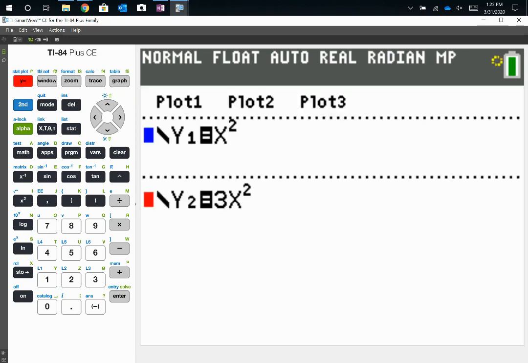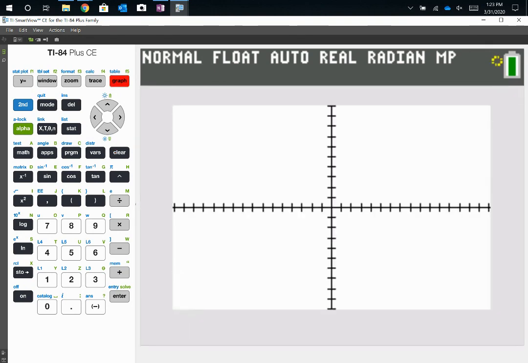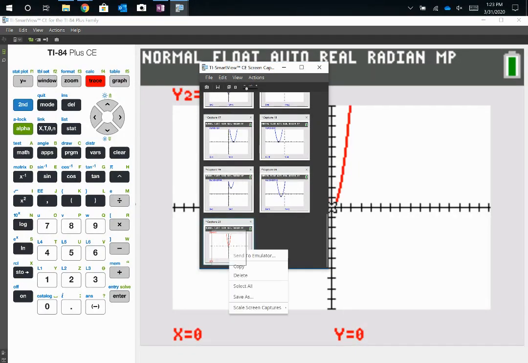So that has the effect of simply making the graph narrower or stretching it upwards. The vertex does not change. In other words, the axis is still going to be at x is equal to 0.